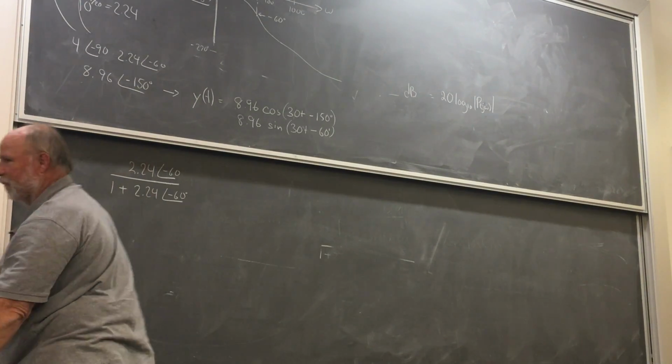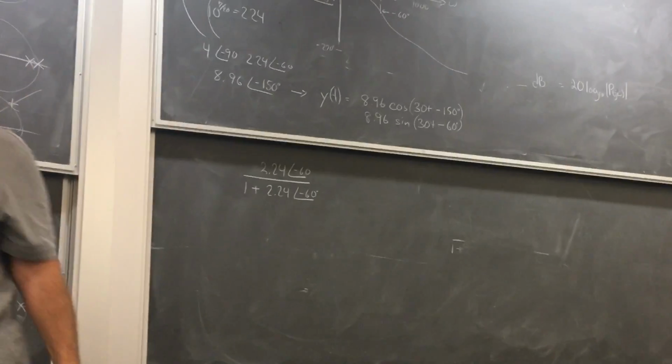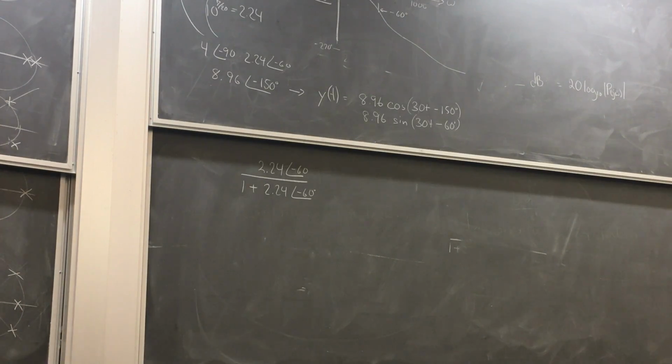So where does this come from? There is an assumption that it's a unity feedback, negative feedback system. Yeah. It's just G of s, or P of s, over 1 plus P of s. That's all there is to it.